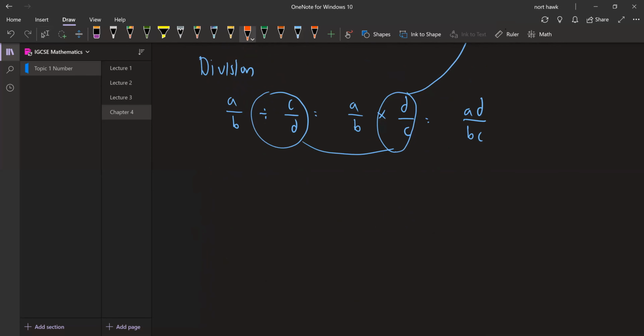The explanation here is this. Say 2 over 3 is divided by 6 over 7. 2 over 3 divided by 6 over 7 can be written as 2 over 3 and the entire thing divided by 6 over 7, right?